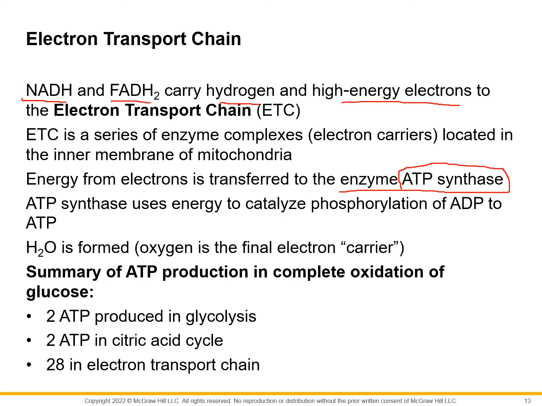And so glycolysis, the first step, is only going to produce 2. The citric acid cycle, the first step of the aerobic respiration, the second step overall, only produces 2, but the electron transport chain, the last one, produces 28. And so this, like I said, is like hitting the jackpot. The electron transport chain is the one that creates the most.